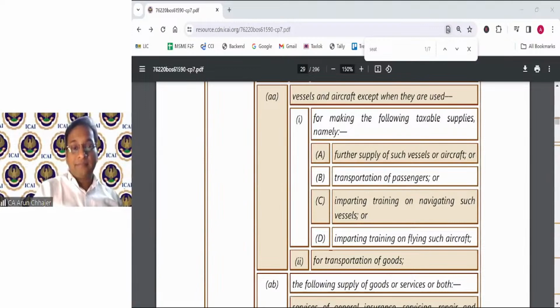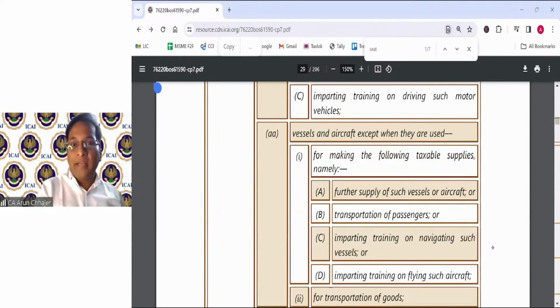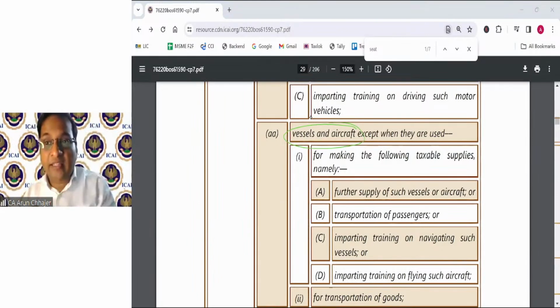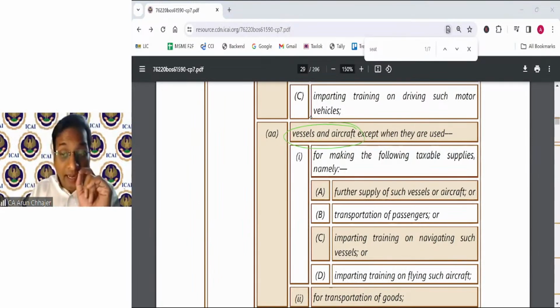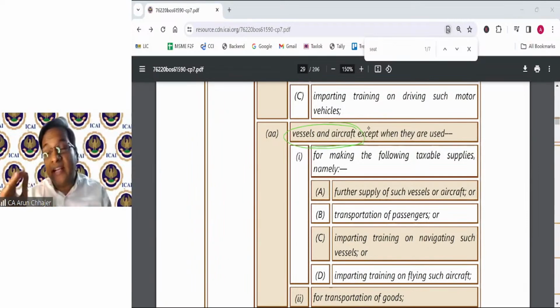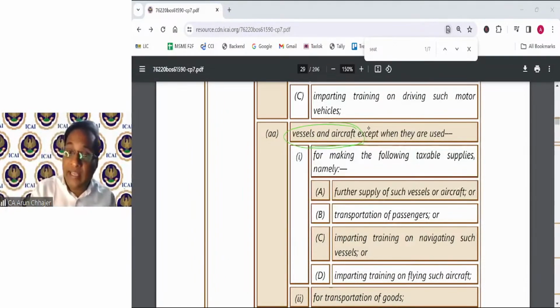In clause double A, are they saying vessel and aircraft used for transportation of passengers fall under the block category? Try to understand. They are only saying vessel and aircraft, meaning all vessel and aircraft would be under the block category except the below item.